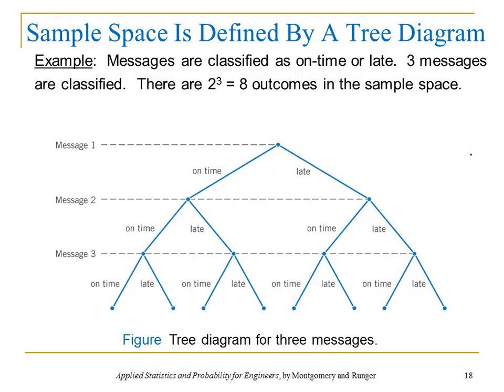So again, you're going to have 8 outcomes because you're going to have 2 options for each message. So you have 2 options for the first message, 2 options for the second message, and 2 options for the third message, which means that you're going to have 2 times 2 times 2 equals 8 outcomes.